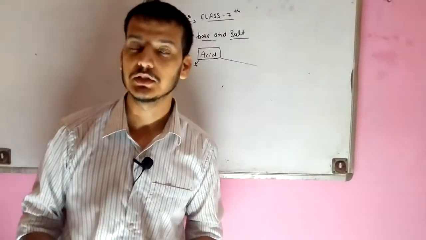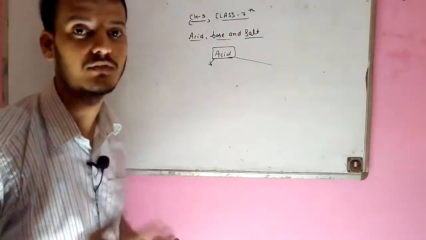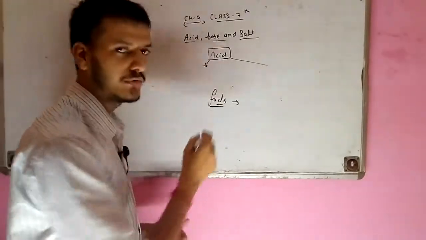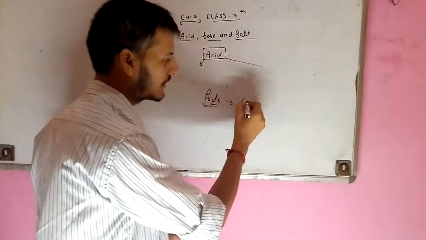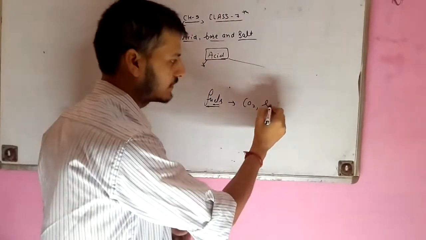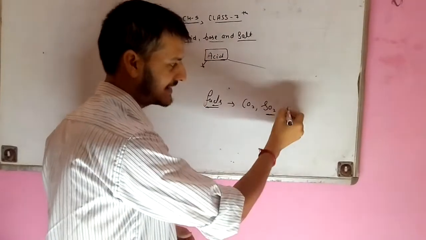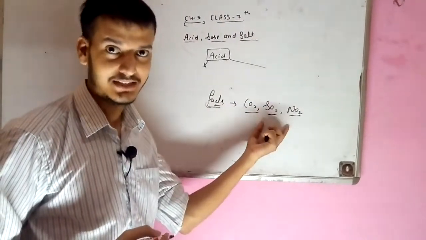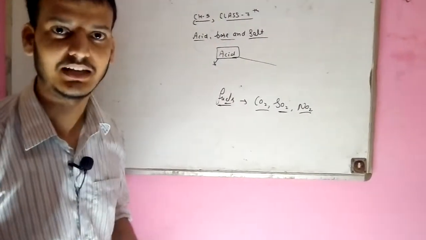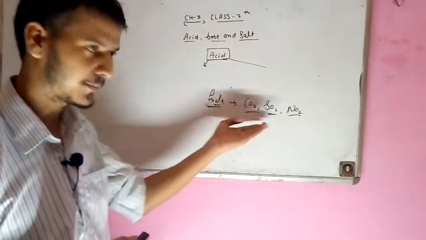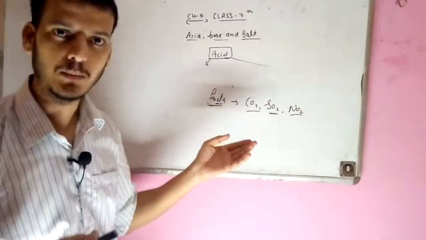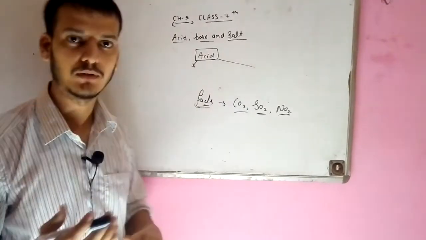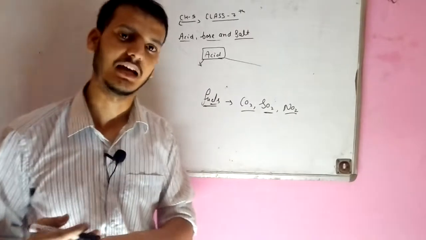We already discussed in the last chapters what happens when fuel is burned: it is converted into carbon dioxide, sulfur dioxide, and nitrogen dioxide. These gases generally cause pollution in the air. So we can say these are air pollution gases, formed when a fuel is burned, like the pollution we get from vehicles, industries, and other wastes.